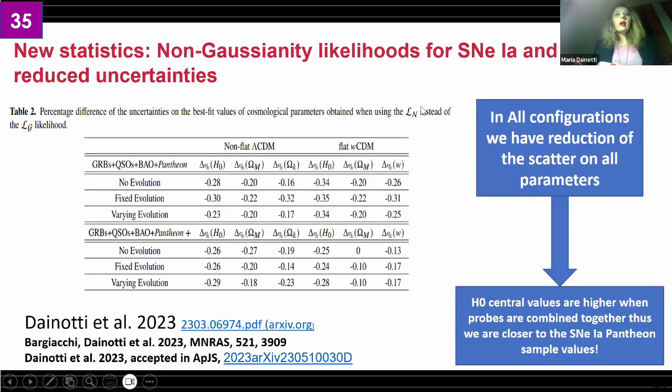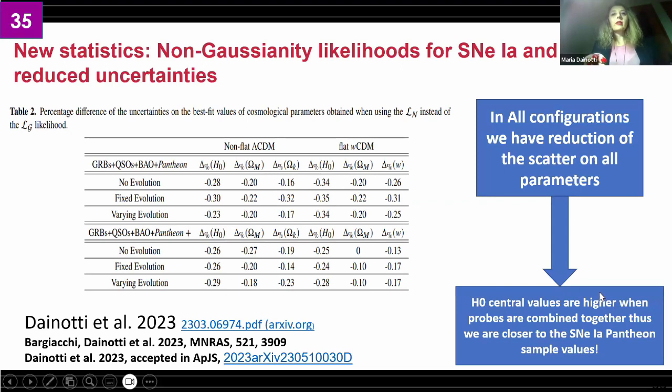Now, I mentioned the new statistics and all the configurations, and how all these configurations have reduced the uncertainty. I already mentioned in the other table how this uncertainty plays a role, but we can also see that the percentage variation is all a negative value. It means that we have all reductions.